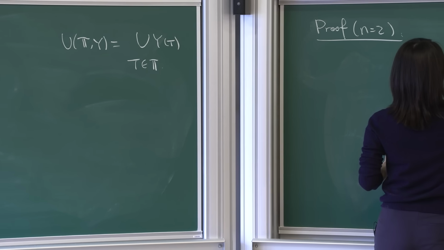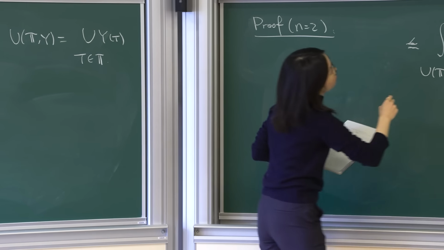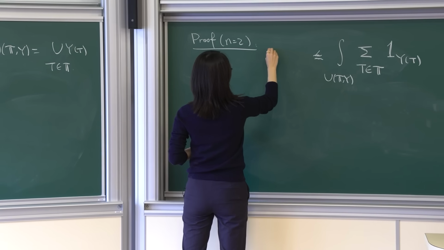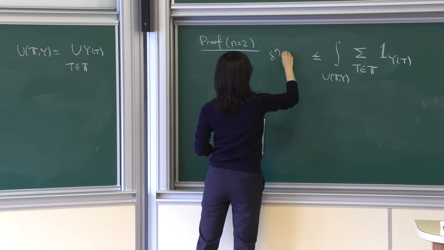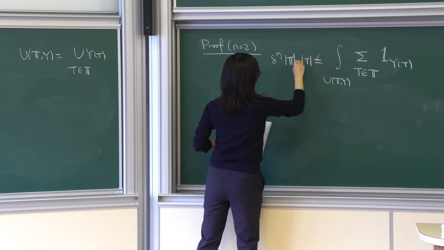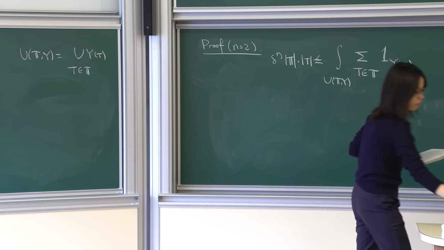Then this is greater than or equal to delta to the eta times the number of tubes times the volume of one tube, because the shading has density greater than delta to the eta.